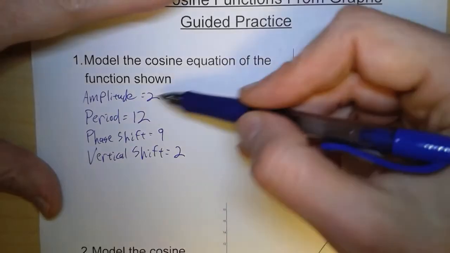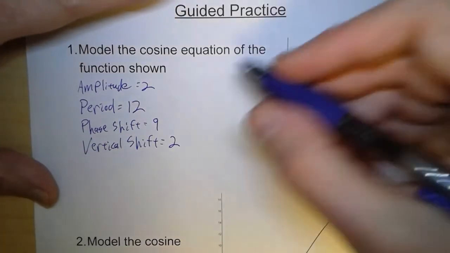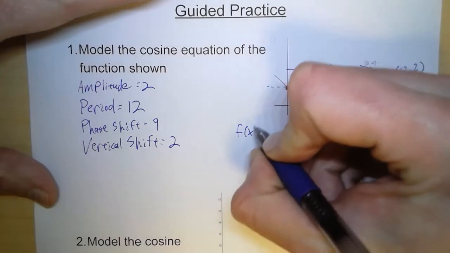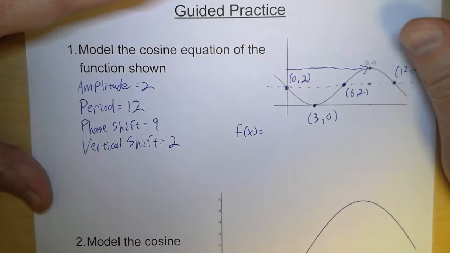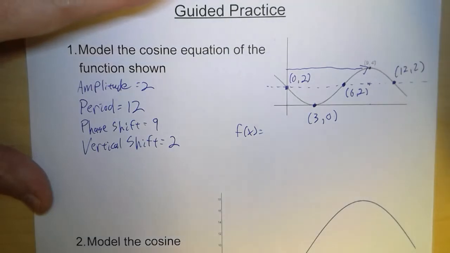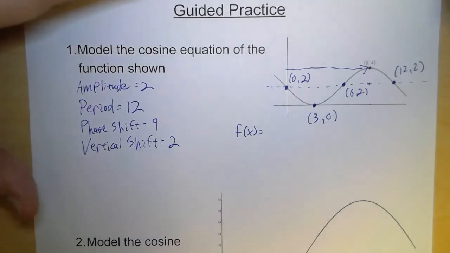So now that we've identified our four components, we can write the equation very simply. I'm going to show you two different ways, because some people use angles in radians and some people use angles in degrees, and there's really only one minor difference. It's totally up to you which one you want to use, or if your teacher expects you to use one or the other.